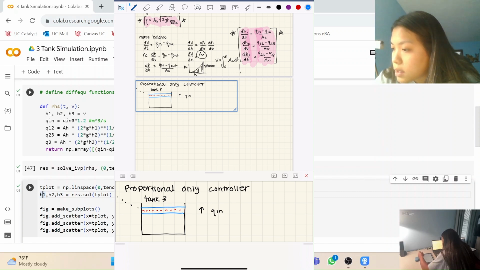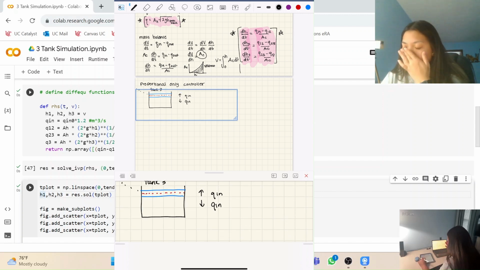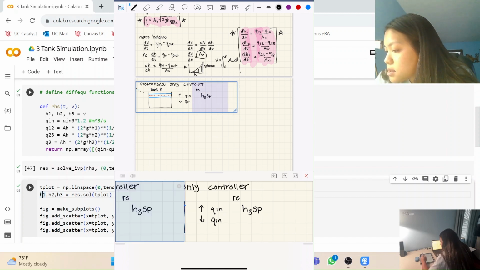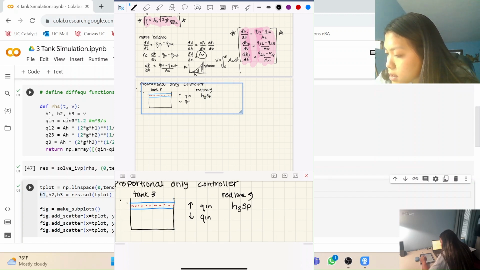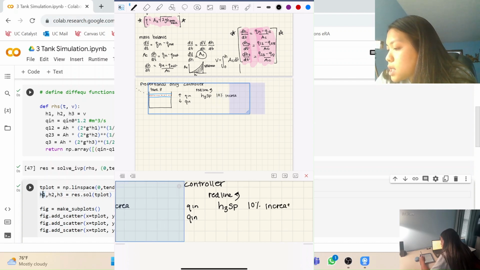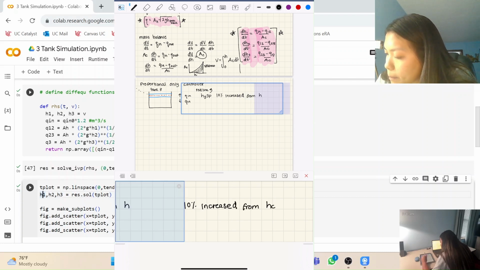If the fluid is above it, we want to lower the flow in. Pretty simple. So we have the set point. This is the red line for the height. That's what this is. Let's just say we want this to be 10% increased from the initial height.